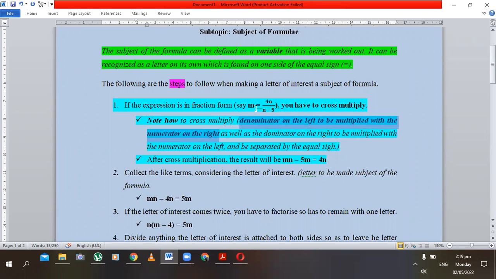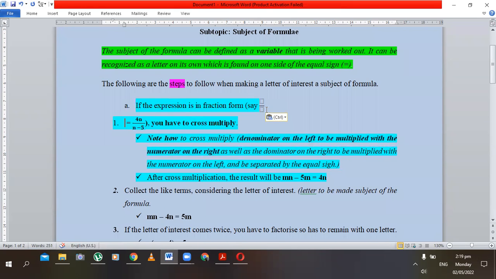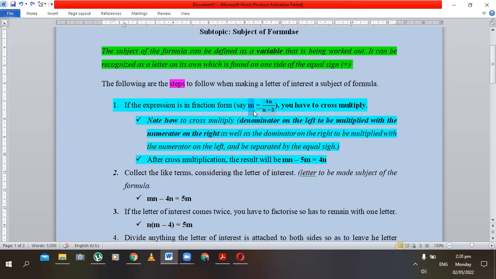So here, for this m, you can say m over 1, where the 1 gets to be the denominator, so that you can cross multiply in the right way. Let me see if I can do that so that you understand it in the best way.